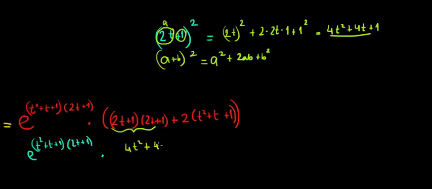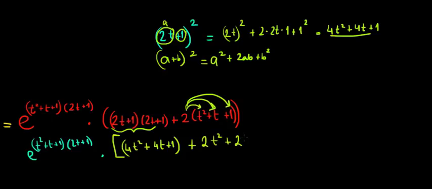4t squared plus 4t plus 1 plus 2 times this bracket. So we multiply 2 with every term. We'll have 2t squared plus 2t plus 1. So what is the final result? Let's see.